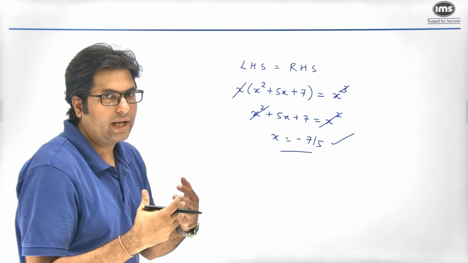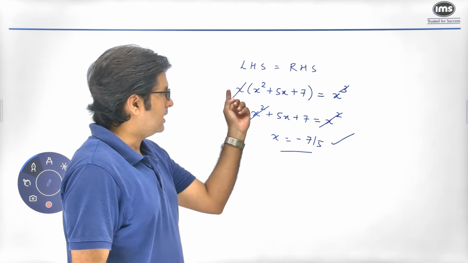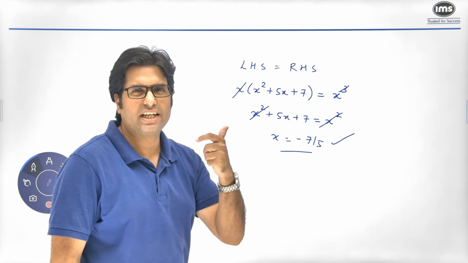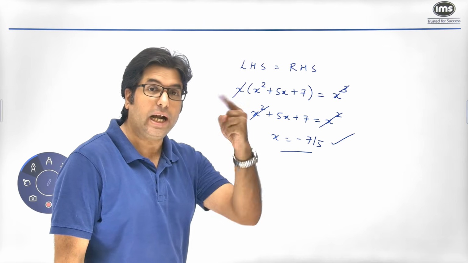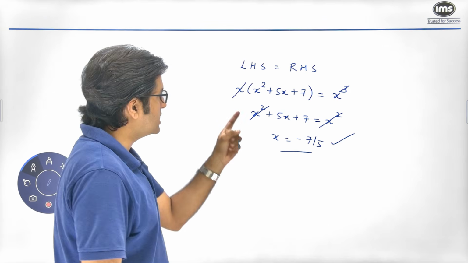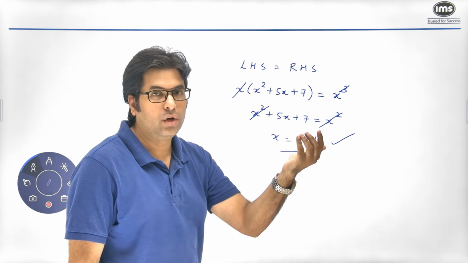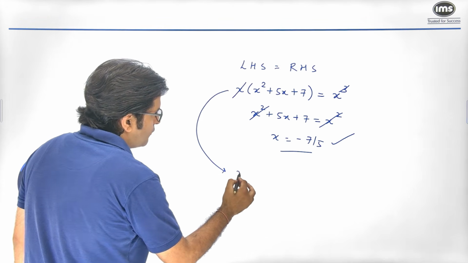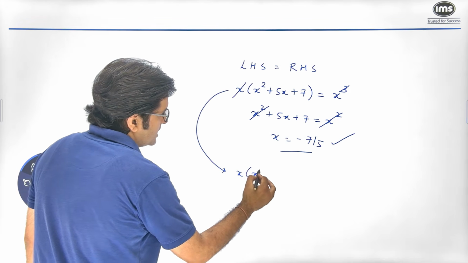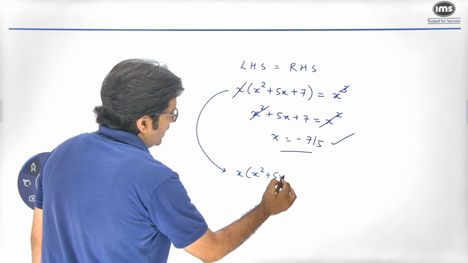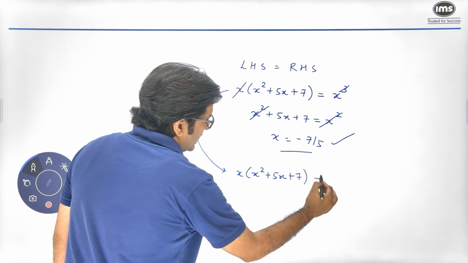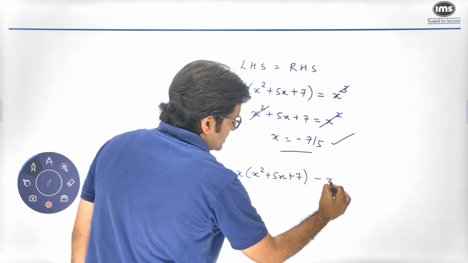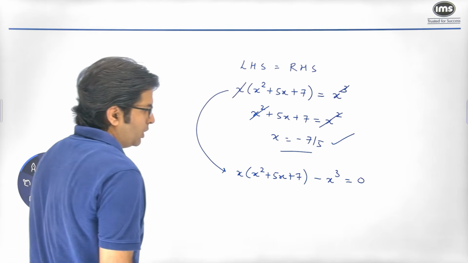Now you have made a lot of haste in solving. Nothing wrong in cancelling, but essentially when you are cancelling, you are also admitting subconsciously to the fact that x equal to 0 is also a possible solution. So understand the technically correct approach would have been x into x square plus 5x plus 7 minus x cube equal to 0.